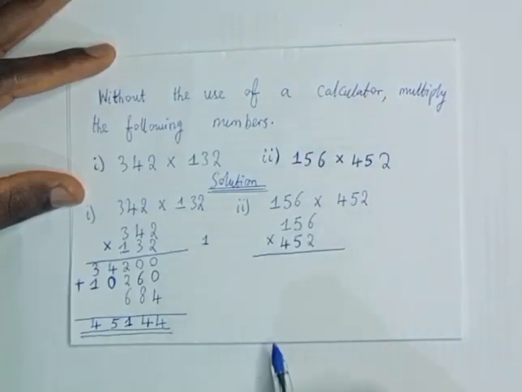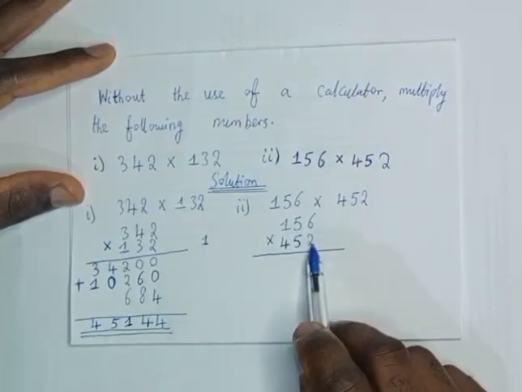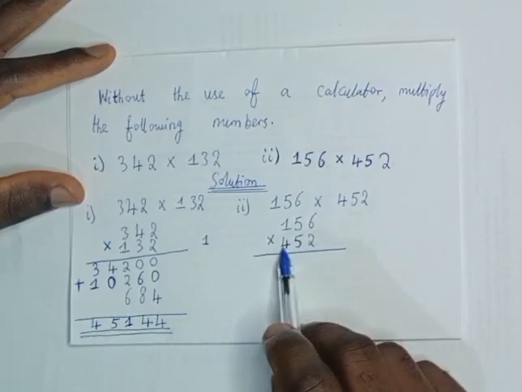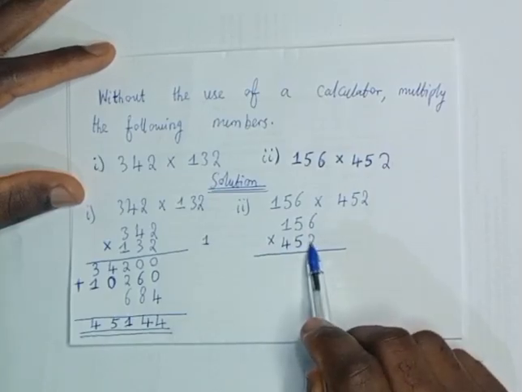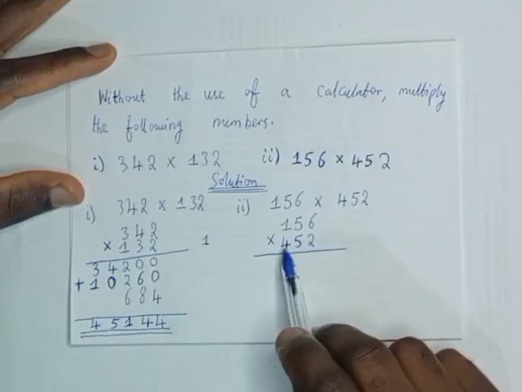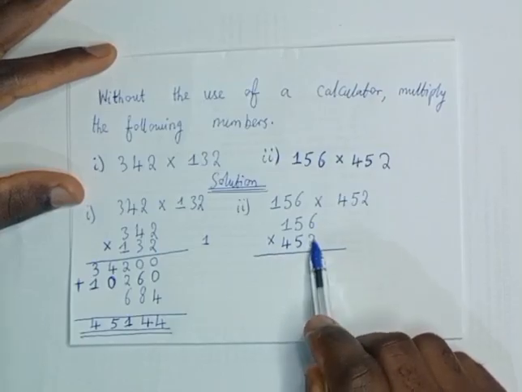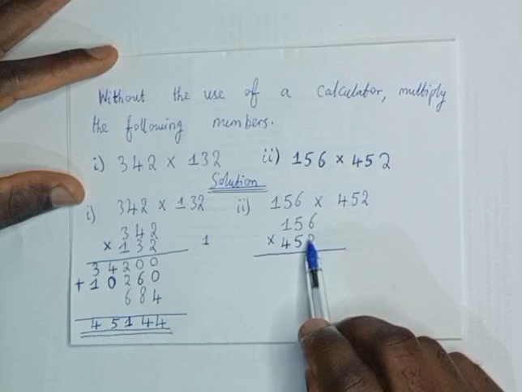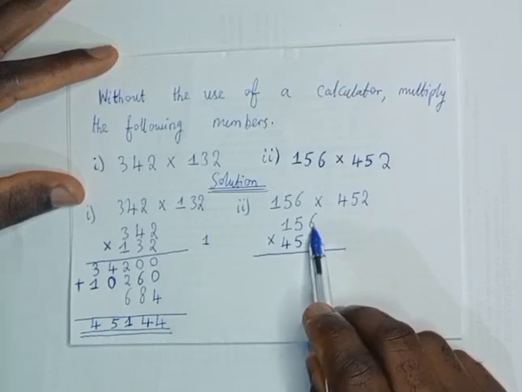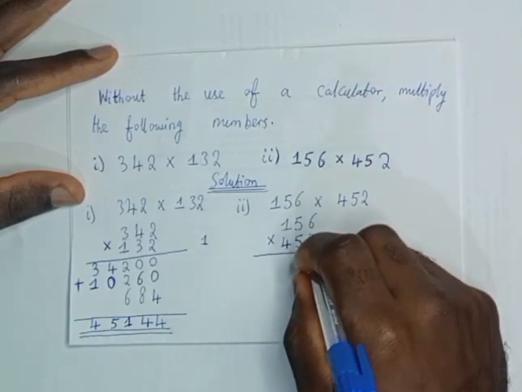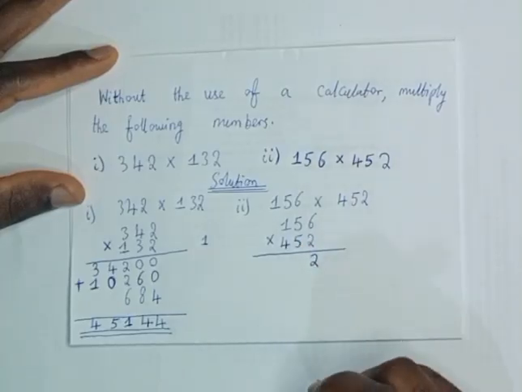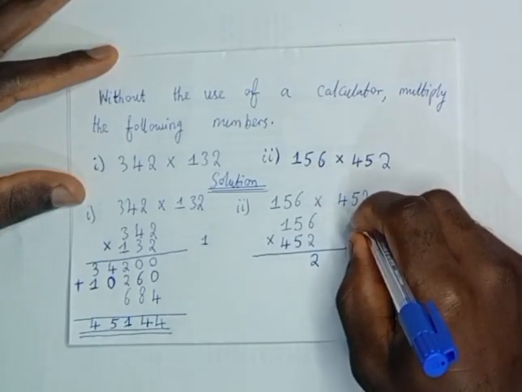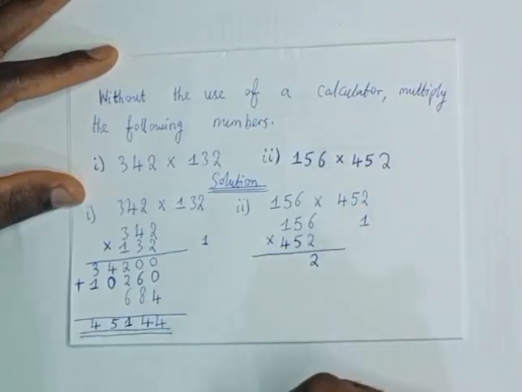In this case, we are going to start performing the multiplication from the right hand side, moving to the left. Starting from the right hand side, the digit 2 in the number 452 has a place value of units. 2 times 6 gives us 12. We write down the 2 in the number 12, which stands for units, then we carry the 1.